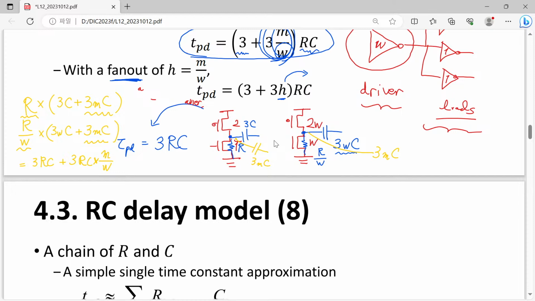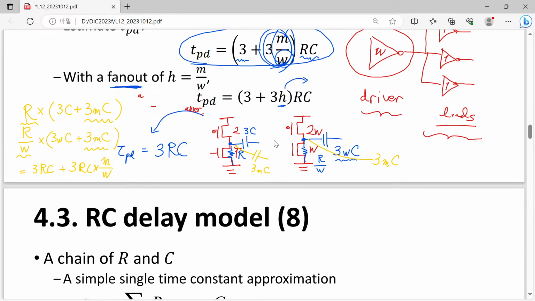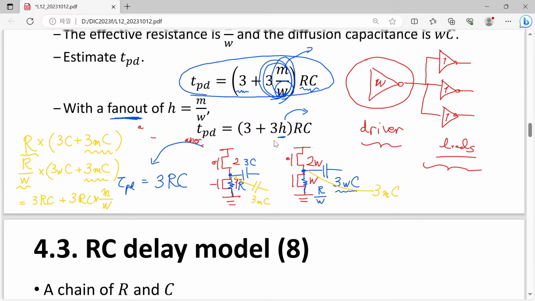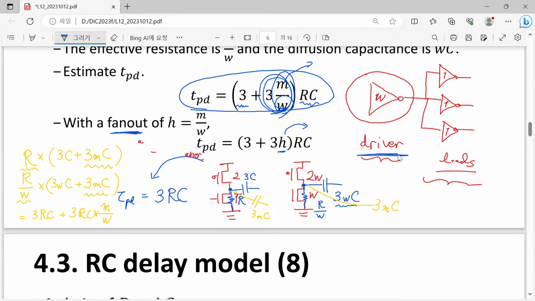If you have any questions, then please interrupt me. This is quite an important concept in this lecture. So simply speaking, once again, the driver has its own contribution to tau, and the load has its contribution to tau.